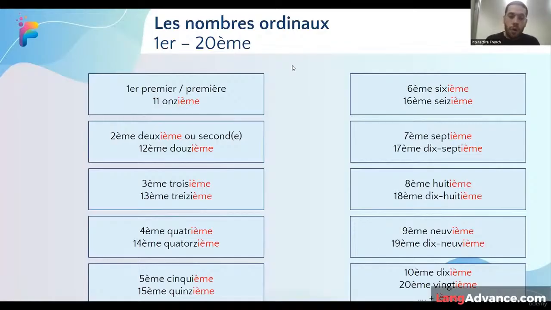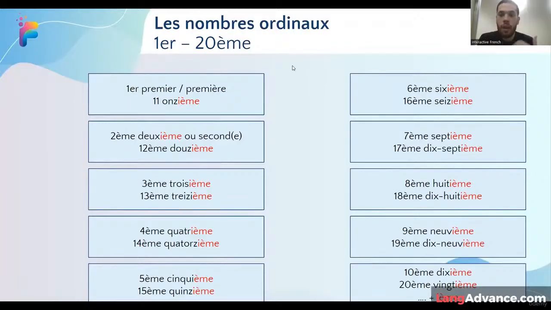Moving on now to the second, all right? The second will be, so you have two choices. You can either say deuxième, deuxième, okay? Deuxième, so you have deux and you add ième.